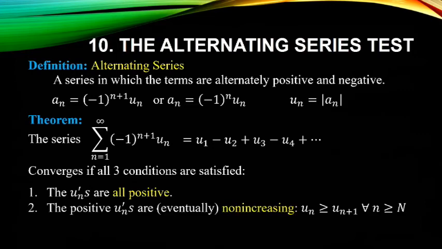The positive u sub n's are eventually non-increasing, meaning that u sub n is greater than or equal to the next term for all n greater than or equal to big N. And eventually, u sub n approaches 0. So since it is not increasing, it decreases and approaches 0.